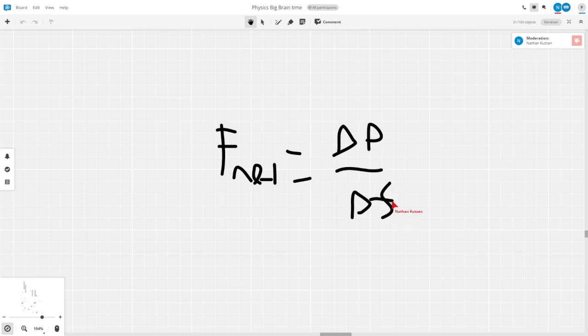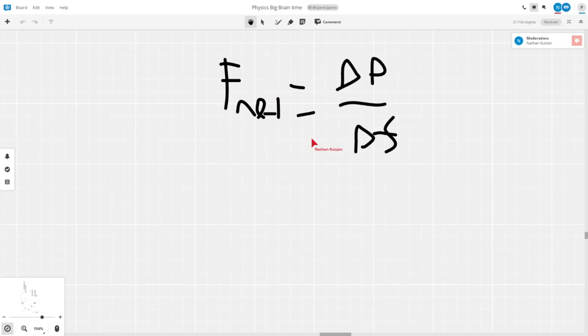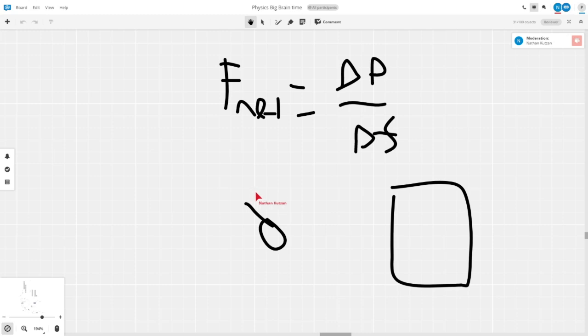So we can use this as well to figure out things like how much force it takes for an object to stop in a collision, right? So let's say we have a wall over here, and we have a ball that is 2 kilograms, and it's traveling towards the wall at 5 meters per second.